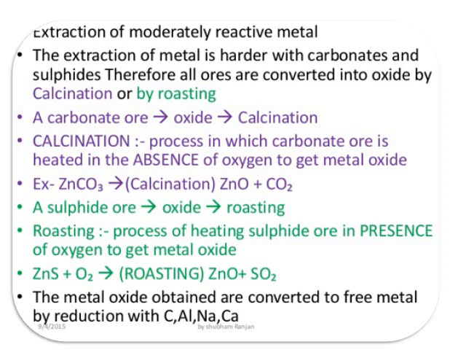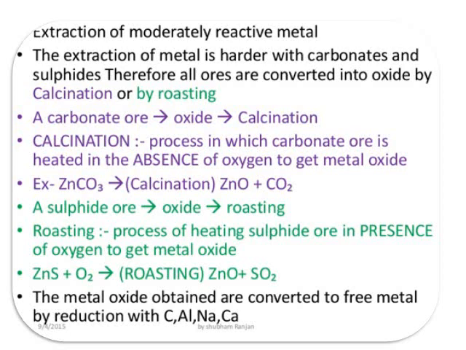Chemical reactions involved in roasting and calcination are like this. First, let us take roasting. It is the process in which sulfide ores are heated below their melting point in the presence of excess air to convert them into metal oxides.